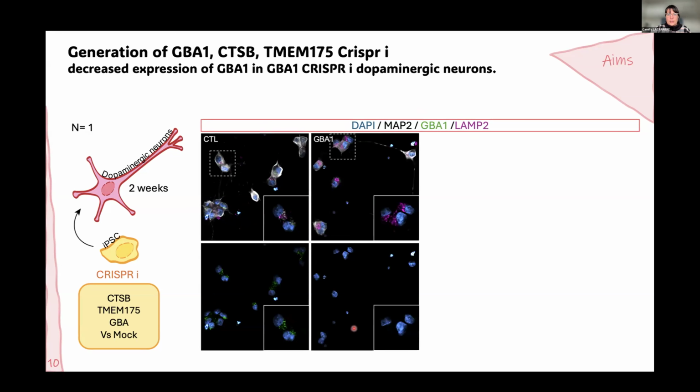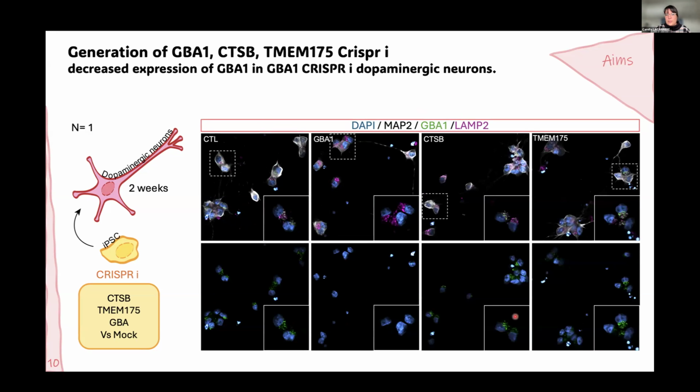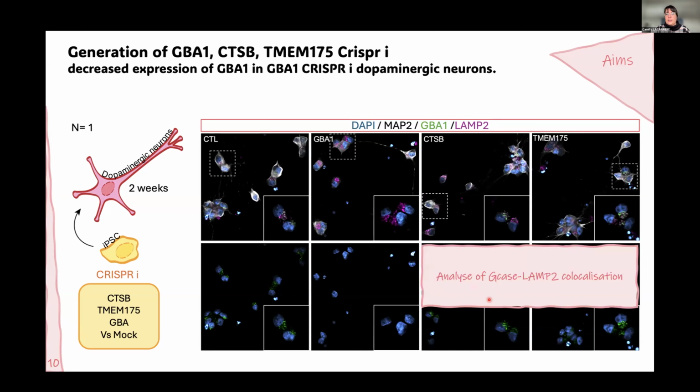And you can see that in our CRISPR-I, we lost the labeling of GBA1. And we have some expression of GBA1 in CTSB and TMEM175 at the protein level in dopaminergic neurons. So the next step will be to analyze the colocalization between GCase and LAMP2.